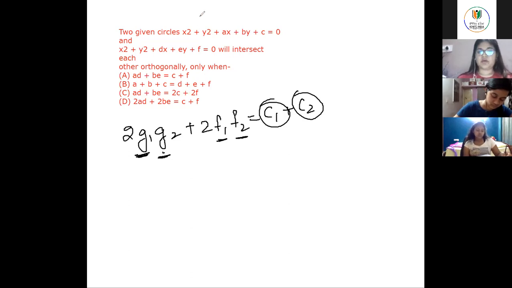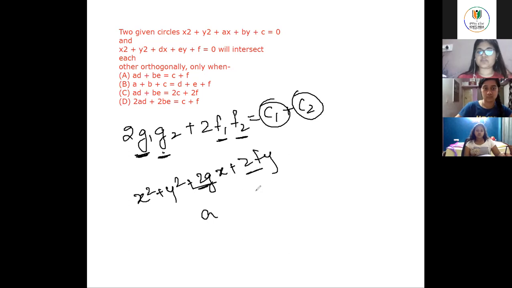Now we had the equation like x square plus y square plus 2gx plus 2fy, but here 2g is replaced by only a and 2f is replaced by only b. So how will you find g and f? That also you tell me.